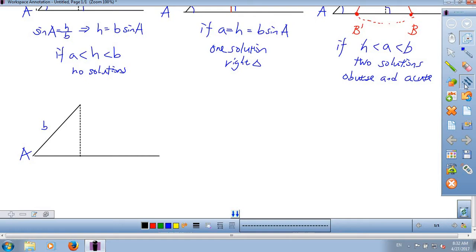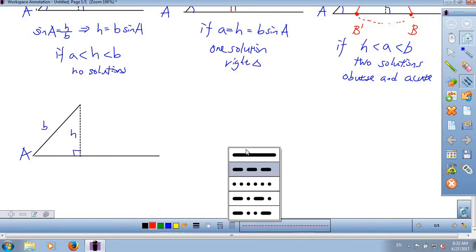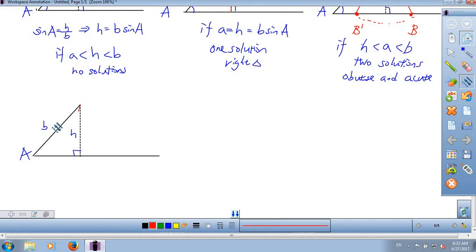And then you have the side A. Let's say side A is longer than B. As long as A is longer than B, I can definitely make one triangle. Why can't I make two triangles? Because this side is longer than A, so when I swing over, there's nothing here to intersect.